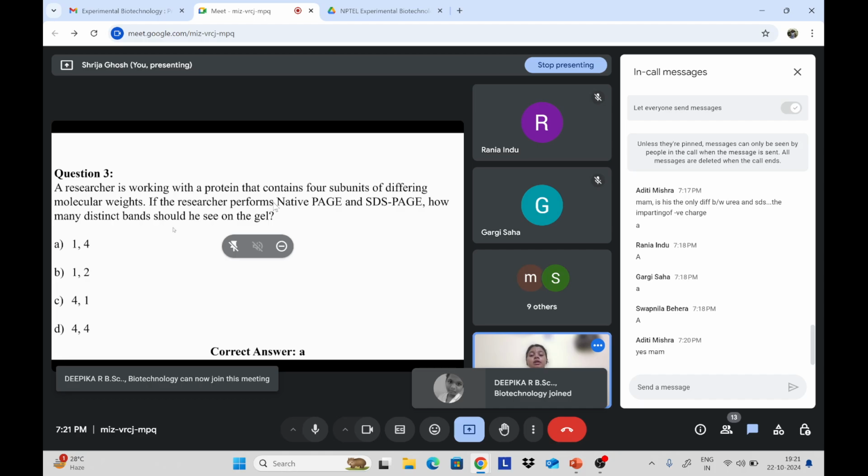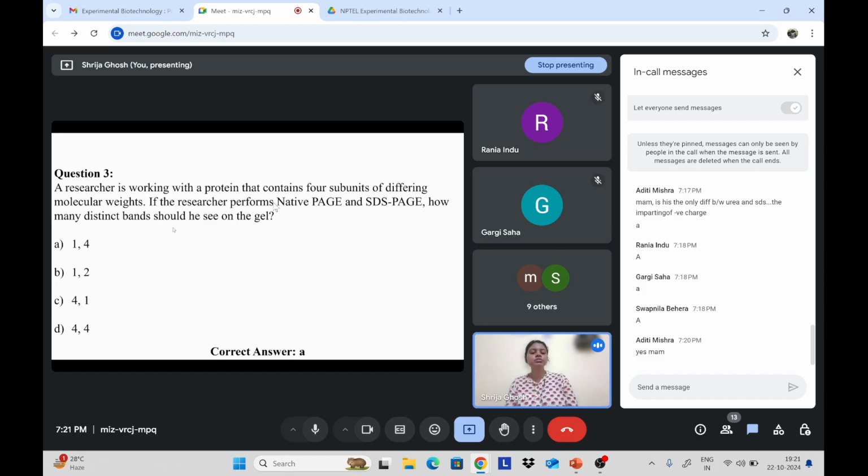Whereas in native PAGE, we don't add those things. So the separation is based on both charge and size. In SDS PAGE, the separation is solely based on size. So if the protein has 4 subunits, since we are adding beta mercaptoethanol to it, the 4 subunits will be separated because all the disulfide bonds will be broken.